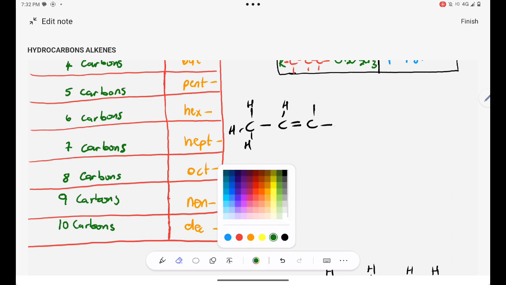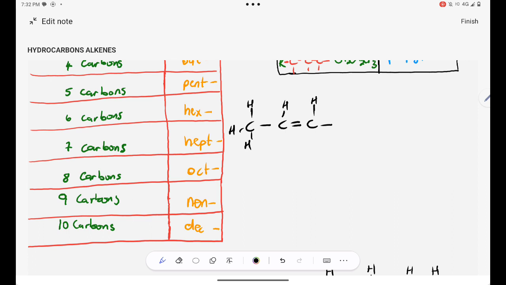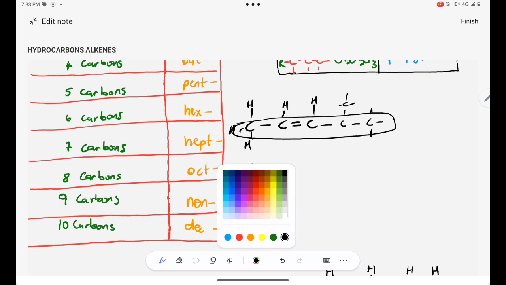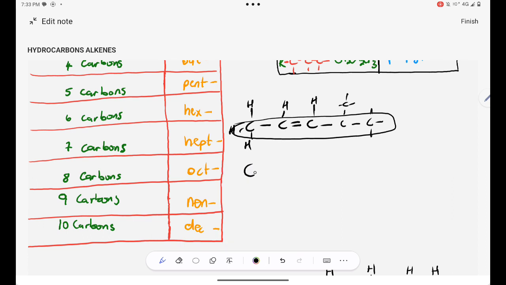Okay, and then if we were to continue, maybe say we have an H there, CH3. All you need to do, guys, is to just write what you see. If this is our first carbon, we can see that this is our parent chain. And then our first carbon has 3 hydrogens. The next has 1 hydrogen.